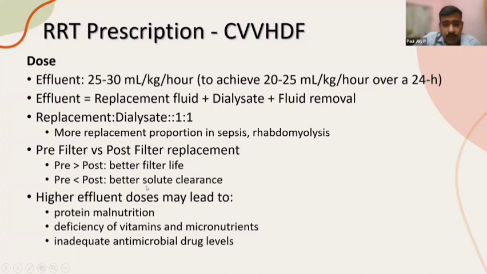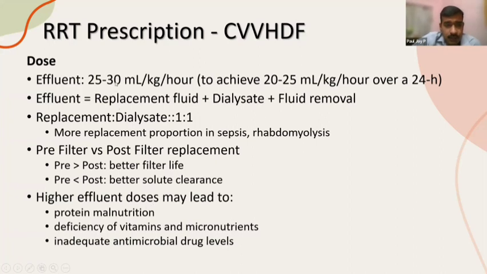But usually the solute clearance is better if the replacement fluid is given post-filter. Now, usually in the AKI setting, more importance is given to the fluid and electrolyte balance. So usually we give the replacement on the pre-filter side.